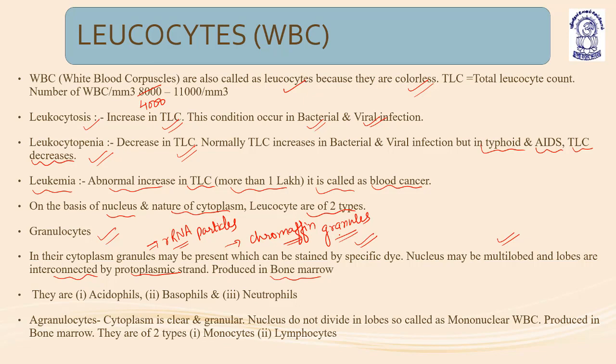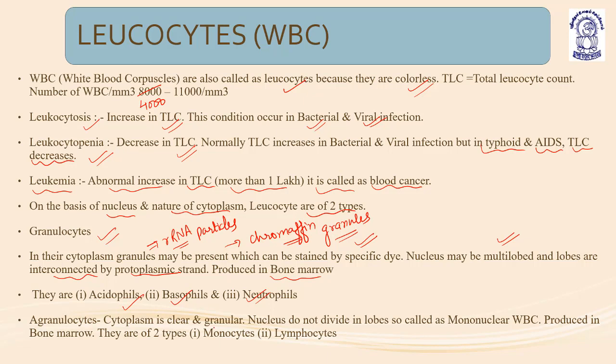They are acidophils, basophils, and neutrophils. Acidophils are also known as eosinophils.